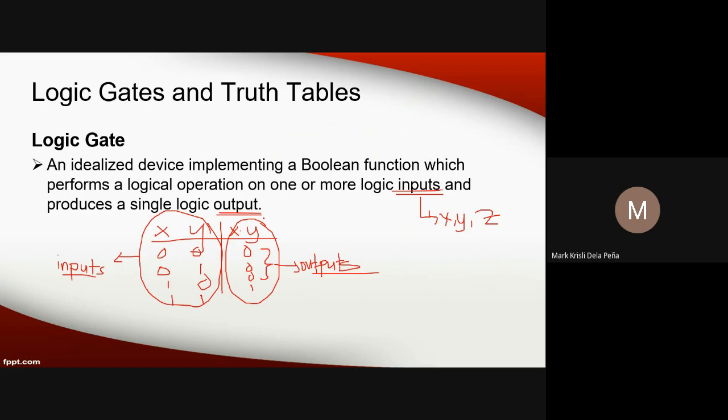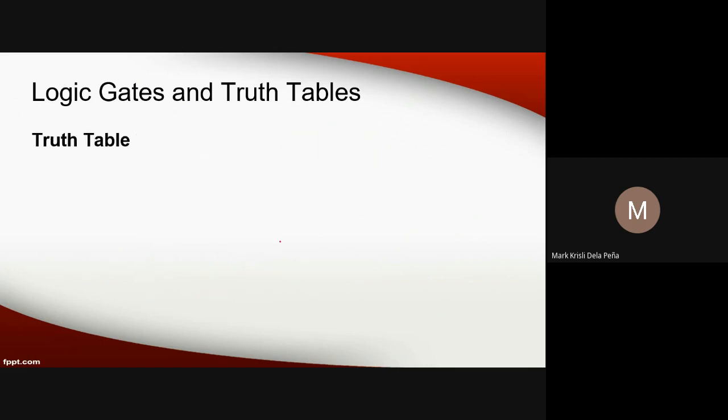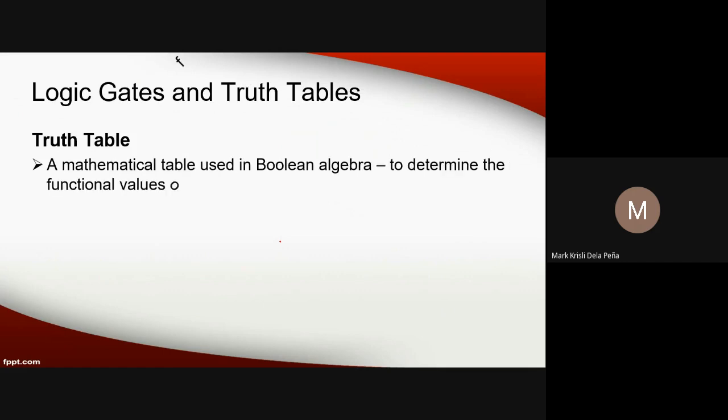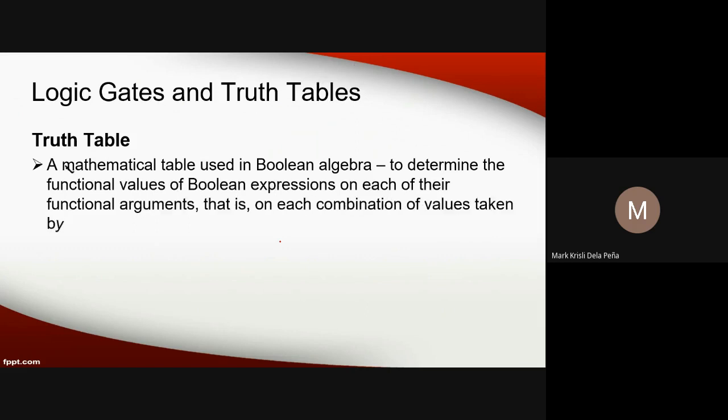This column represents the output of your gate. So same with the logic, we represent the output of logic gates using a truth table. Whatever the combination, there is a corresponding output.